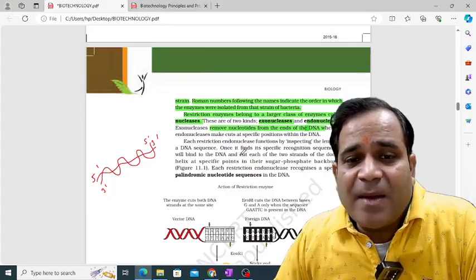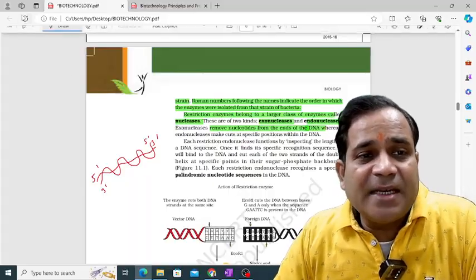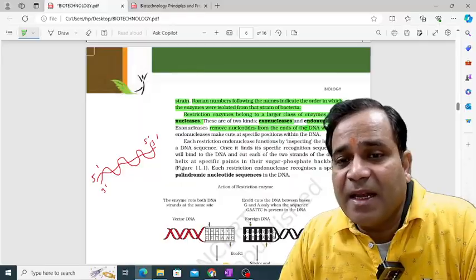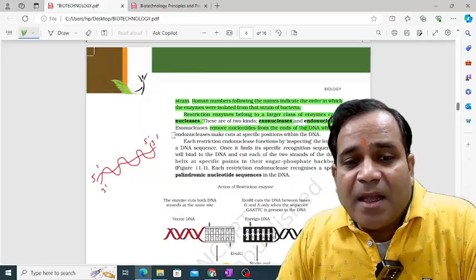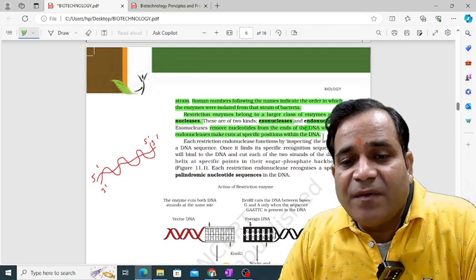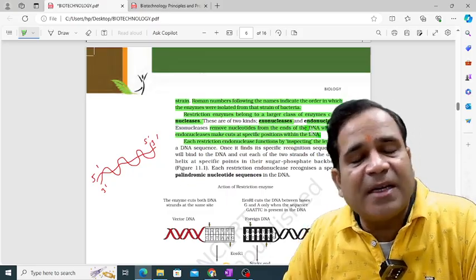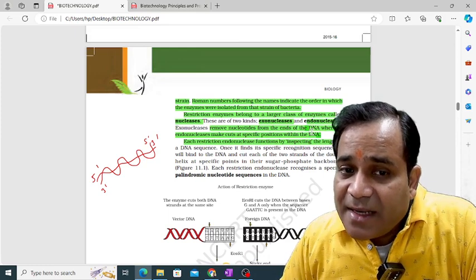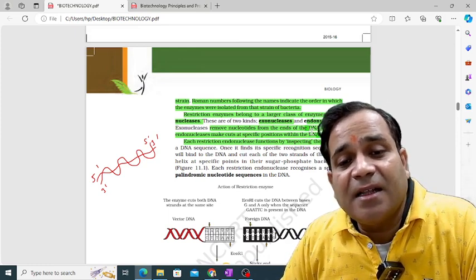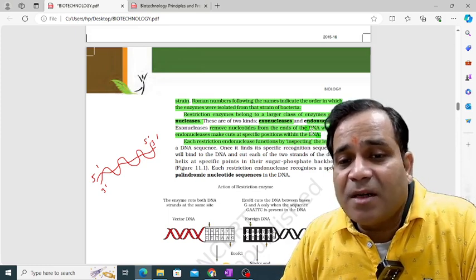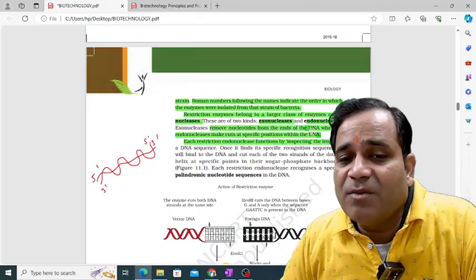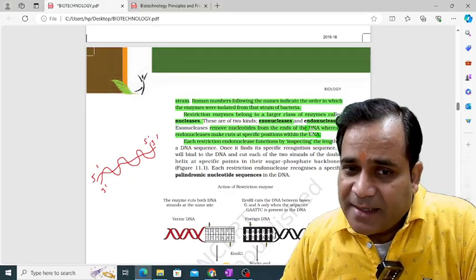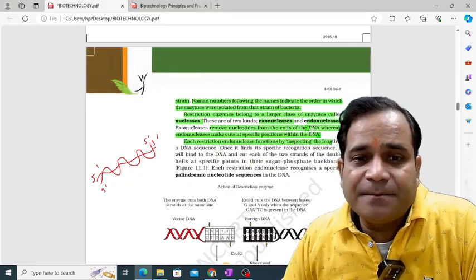So see, exonuclease means removing nucleotides from the end of DNA, whereas endonuclease may cut at a specific position within the DNA. So if I am cutting anywhere within the DNA, then it is known as what? Endonuclease. If I am not cutting at a specific position, my dear, and we just remove nucleotides from the ends of the DNA, then it is known as what? Exonuclease. Getting this one thing?